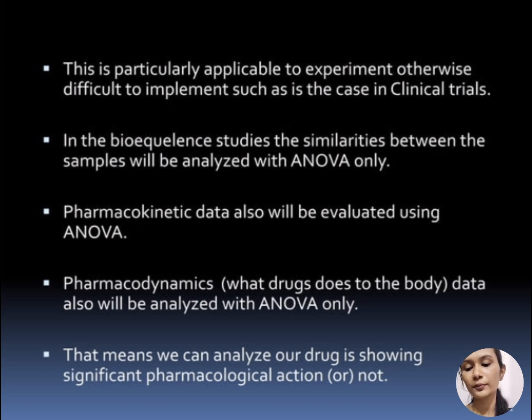In bioequivalence studies, the similarities between the samples are analyzed with ANOVA. Pharmacokinetic data will also be evaluated using ANOVA. Pharmacodynamics, what drugs do to the body, data will also be analyzed using ANOVA. This means we can analyze whether our drug is showing significant pharmacological action or not.